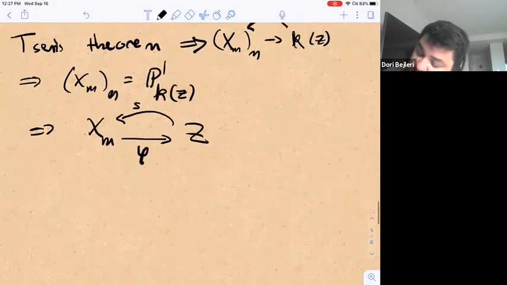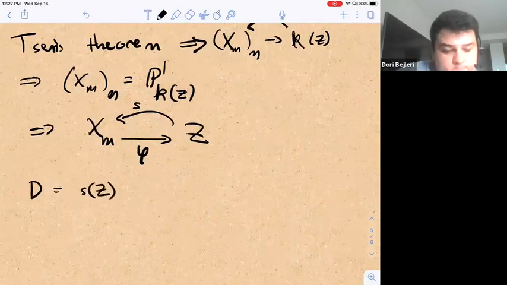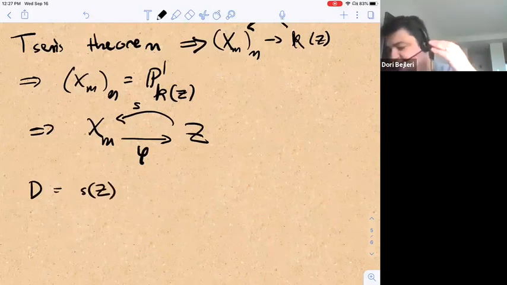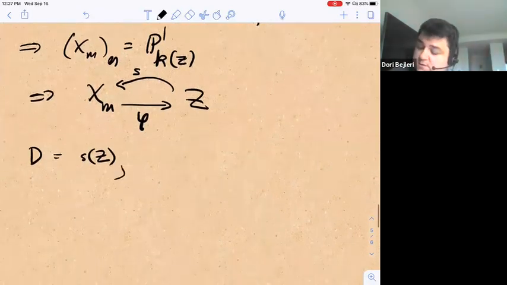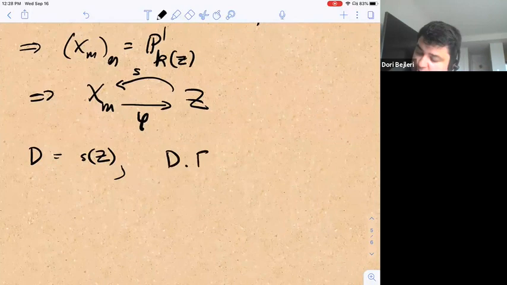And let's take its image to be D. So what that tells us is that we have this divisor that's horizontal in the sense that D dot any fiber is actually 1.